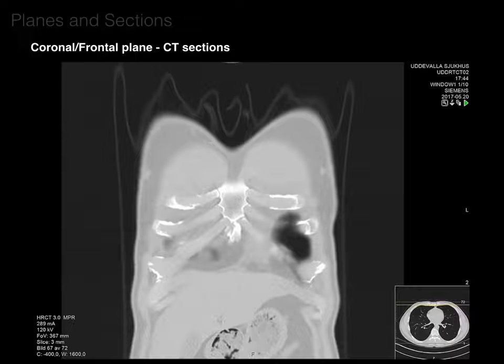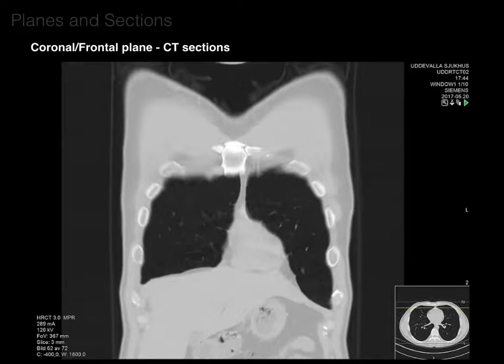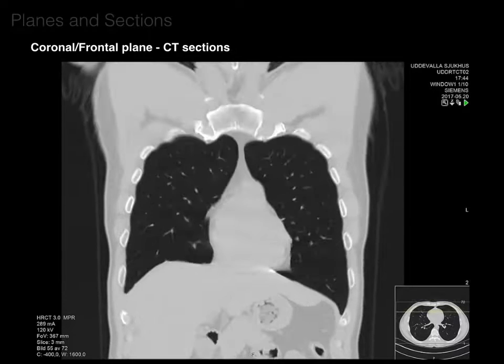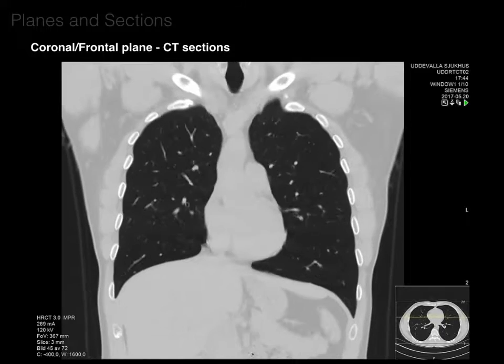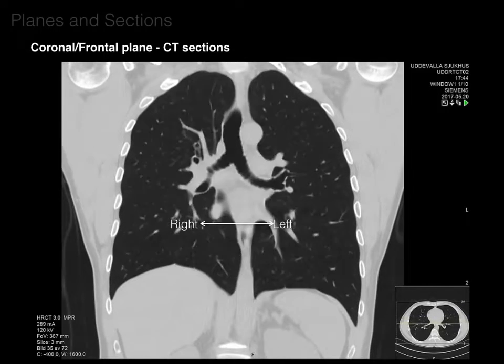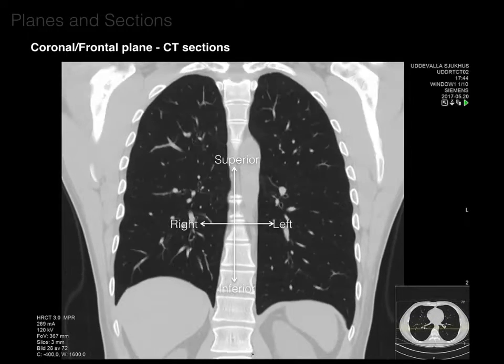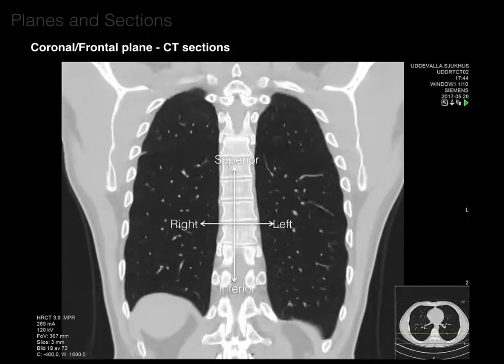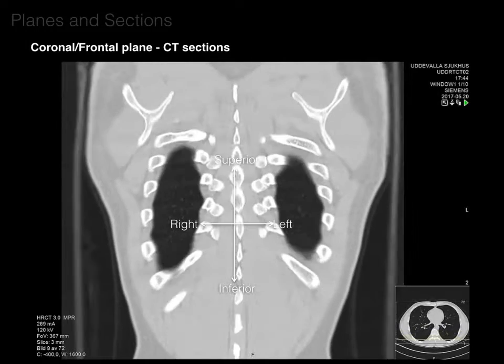The bottom right picture shows a cross section because it helps you see where the coronal plane is taken. You're going to see that horizontal line moving, and it's taking a picture in coronal planes moving front to back. And again, you see good right and left and superior and inferior relationships in this view.